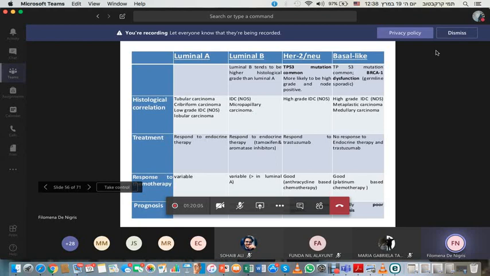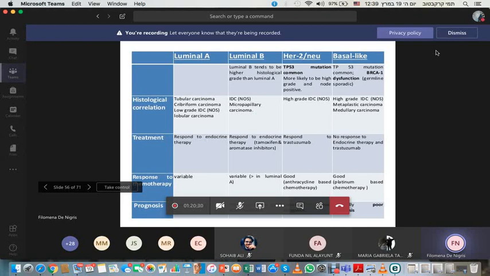So the indication for these patients is this antibody. They respond anyway to chemotherapy. In the other kinds of patients, they don't need chemotherapy. These patients have a poor prognosis.